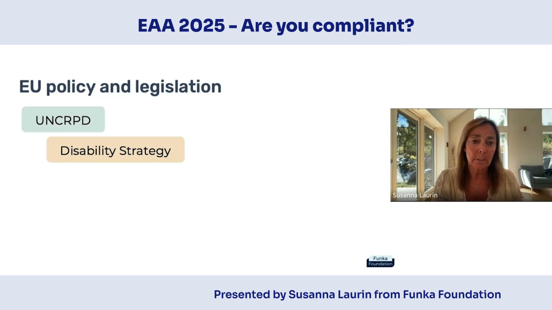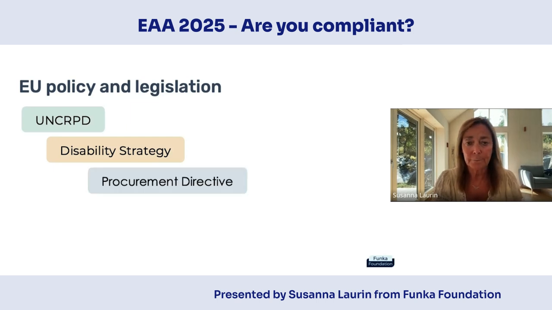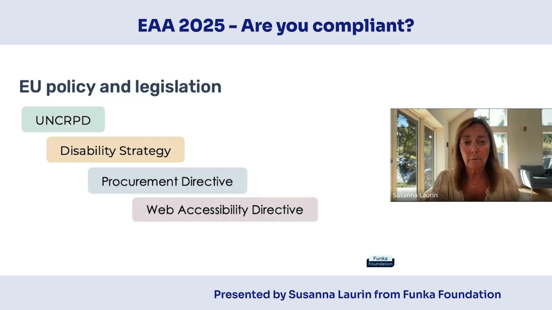So in 2017, we got an update of the procurement directive, with much stronger accessibility requirements. This is really the kickoff for public sector bodies. Then from 2018, we have the Web Accessibility Directive covering the public sector and bodies governed by public law.